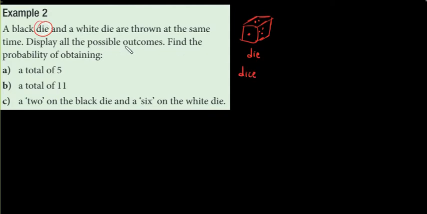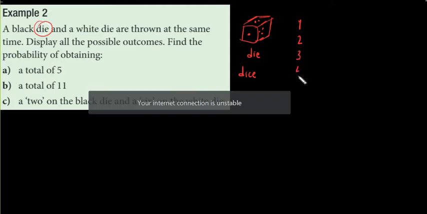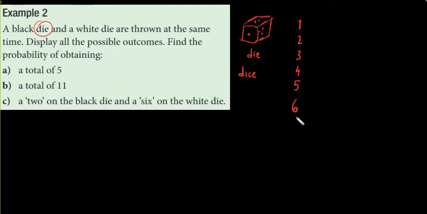All right, so display all the possible outcomes. We have a black die and we have a white die. We are going to throw 2 dice and find the possible outcomes. So here I'm going to write the numbers on the black die. What do we have on the black die? We have 1, 2, 3, 4, 5, and 6.